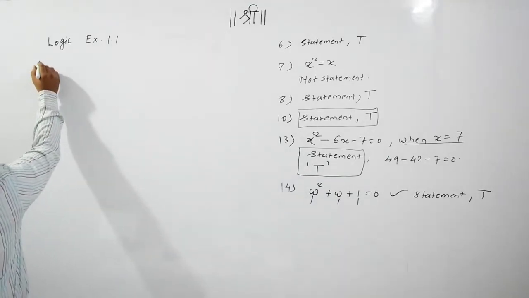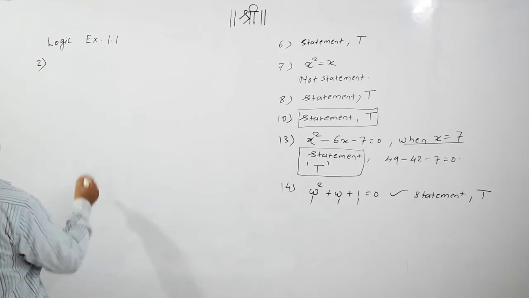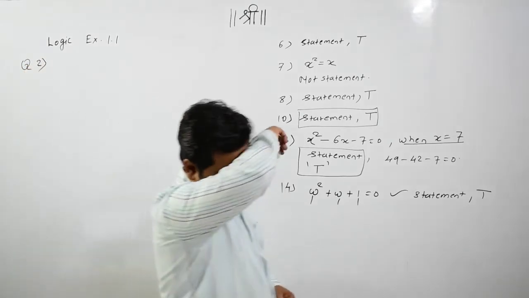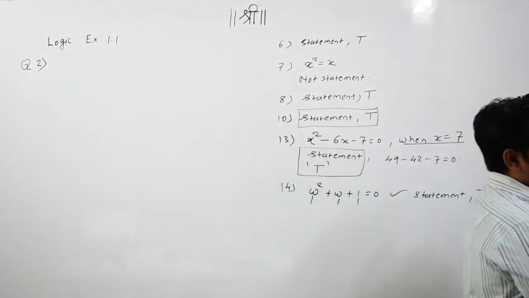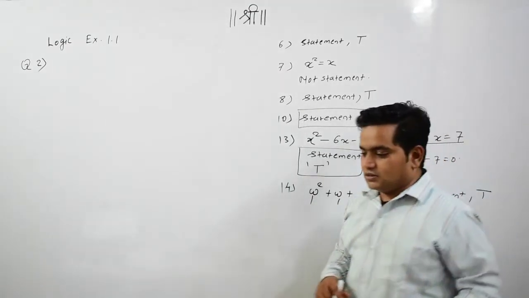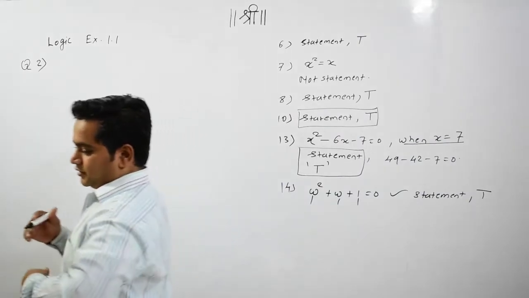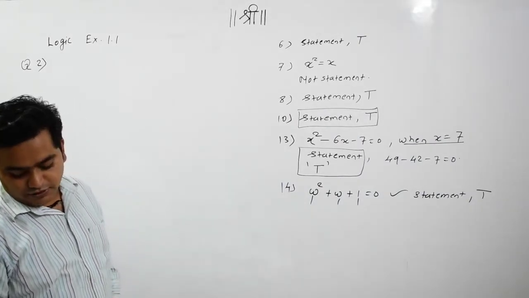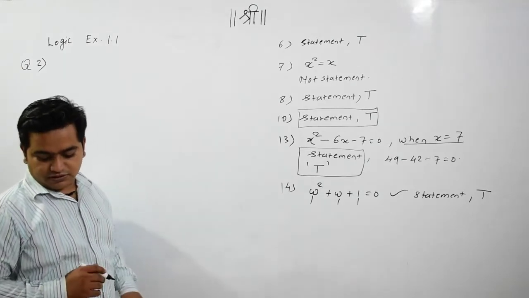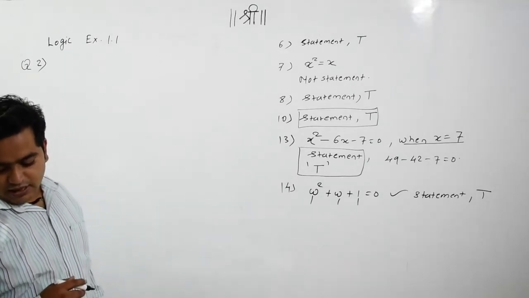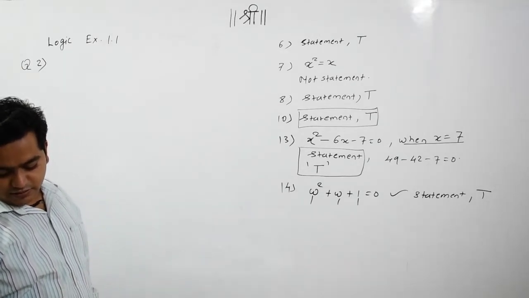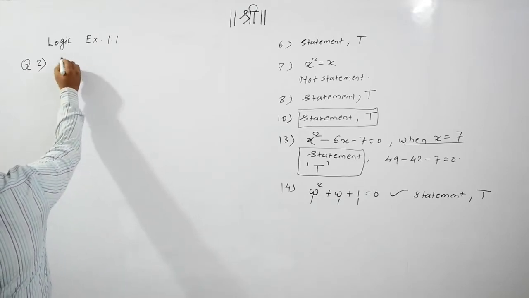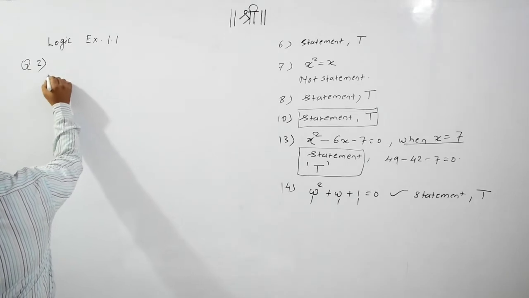So question number 2 says that we need to find out in which pattern the given statements are, and write those in symbolic form. So first question is: Nagpur is in Maharashtra and Chennai is in Tamil Nadu. It is as simple as that. Nagpur, where is it? In Maharashtra.